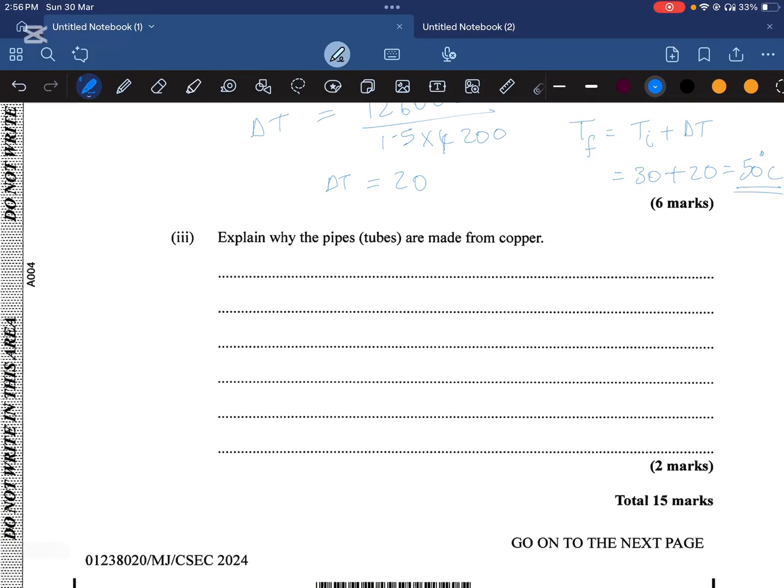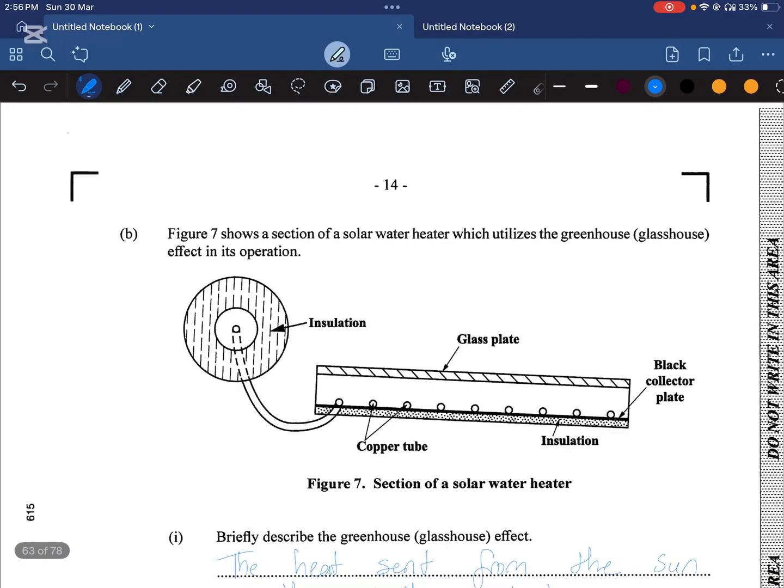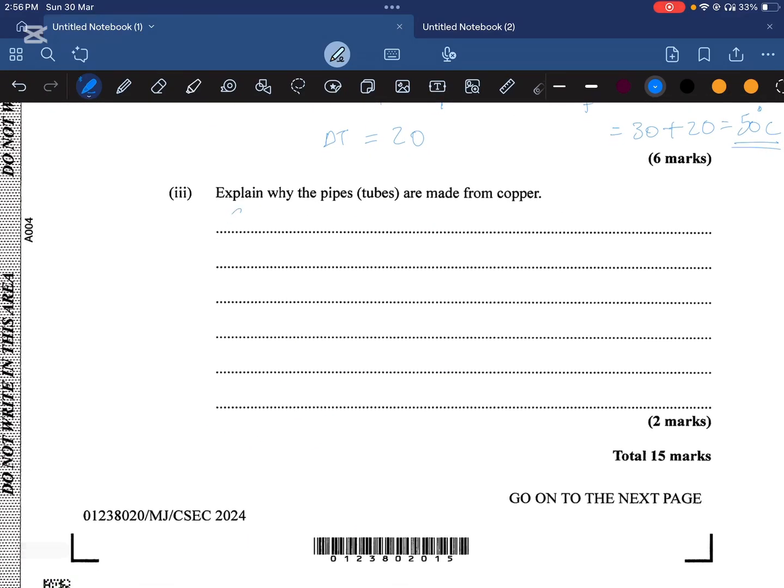And then the final part of this question is: explain why the pipes or tubes are made from copper. So why are these made from copper? If it's a water heater, we know that copper is a good conductor of heat.